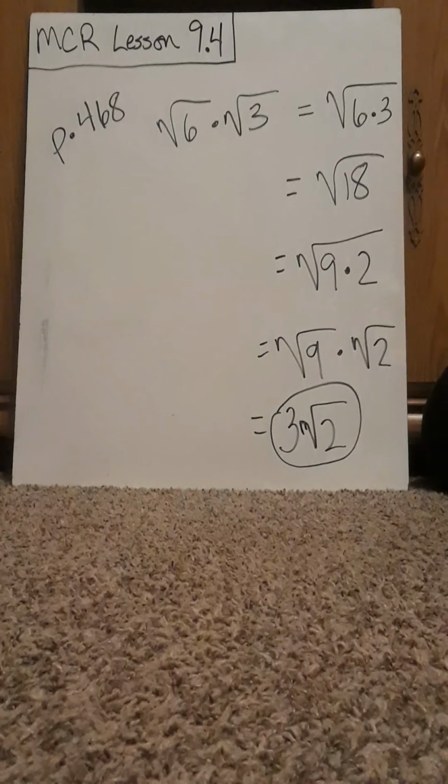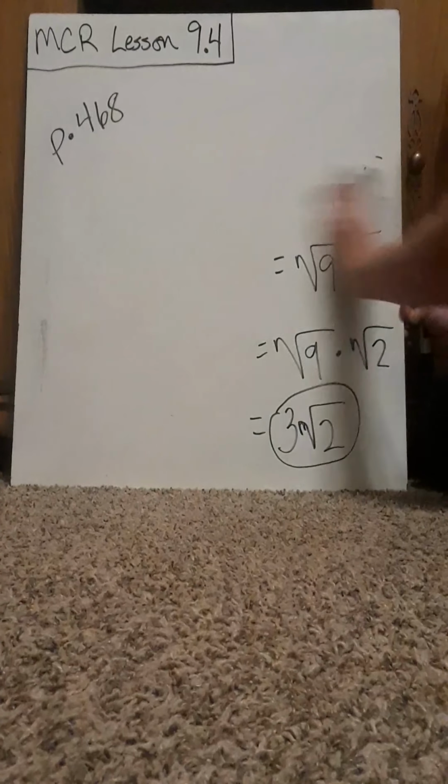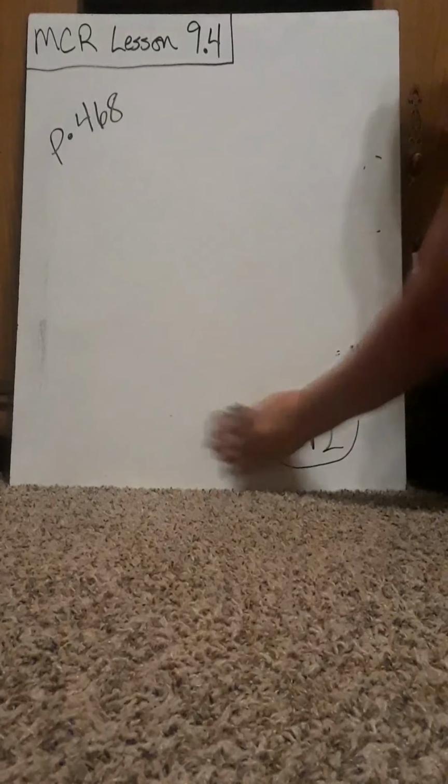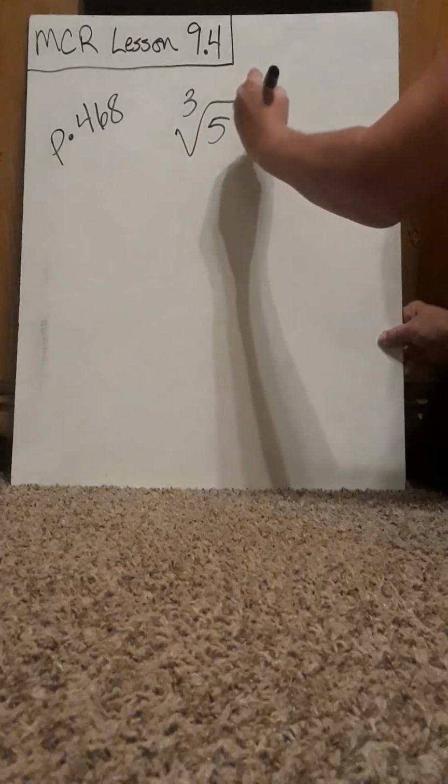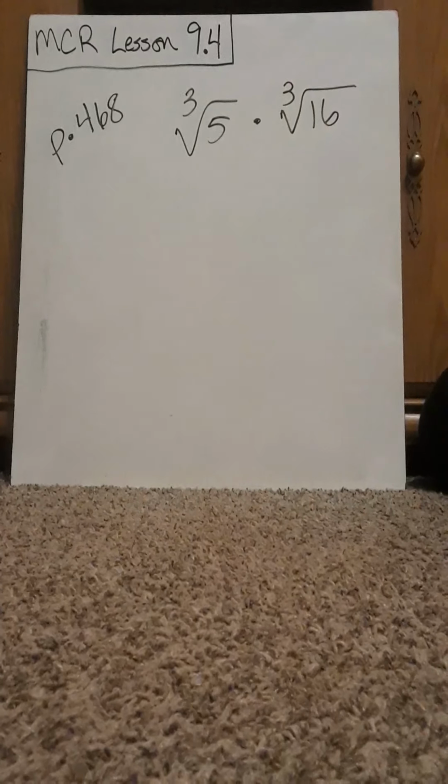Part B is pretty much the same thing except that it's with a cubed root instead of a square root, but the rules work exactly the same way. So let's do that one real quick. It's the cubed root of 5 times the cubed root of 16. Same thing.